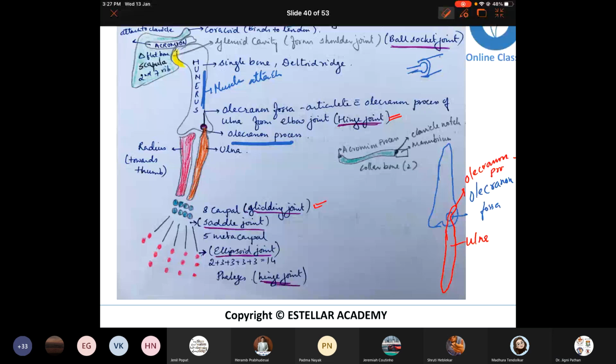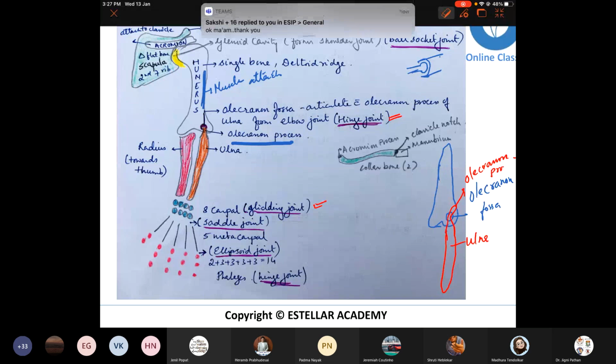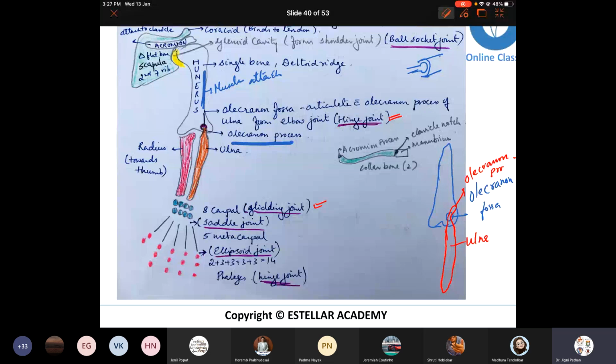Is it clear? Any more doubts for anybody? Phalanges you know, metacarpals you know, carpals you know.